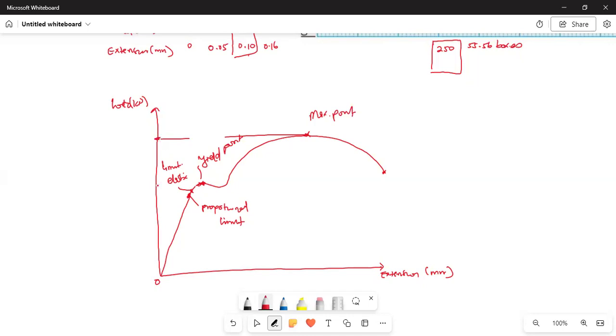So how do you determine E, the elastic modulus? E is equal to stress over strain, and as I keep saying, you must write this as within elastic limit. Once it's a graph, you must indicate that.